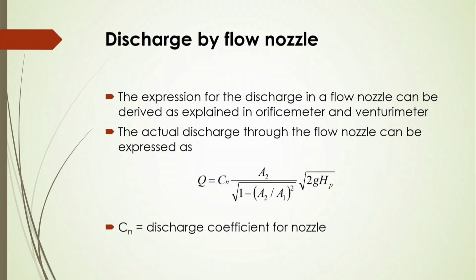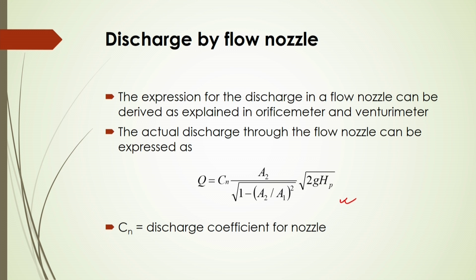The same Bernoulli's equation is applied, and the actual discharge through the flow nozzle can be expressed as Q is equal to C n into A 2 divided by root over 1 minus (A 2 by A 1) whole square, into root over 2 g h.